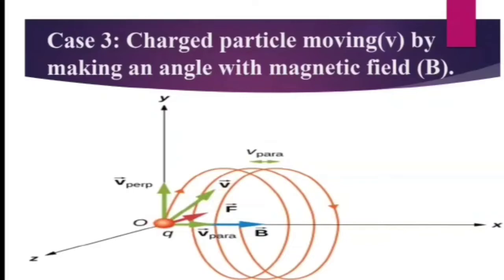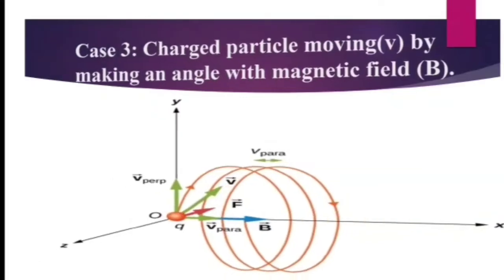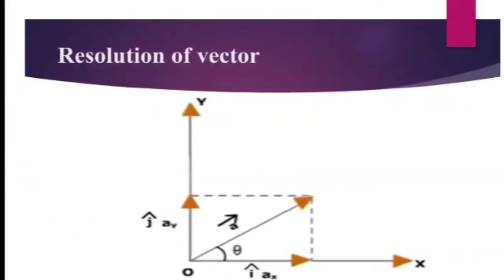To understand this, you have to know the resolution of a vector. How to resolve a vector? If you have an inclined vector in a plane, then that vector can be resolved into its parallel component and perpendicular component, or its x component and y component.